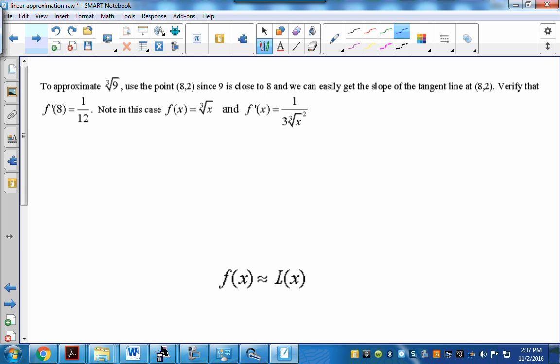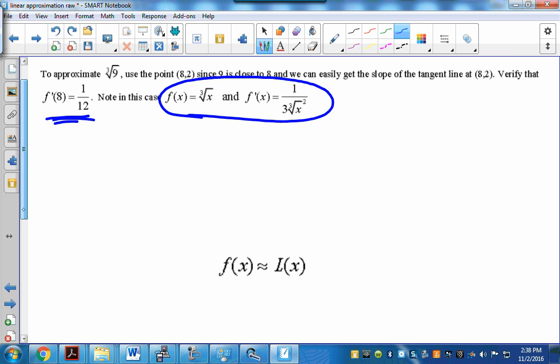Okay. Cube root of 9. No longer square roots. Cube roots, different function, different derivative. Here's the derivative. Okay? I told you that the derivative at 8 is 1/12. You should verify that. Here's the equation that we're dealing with.